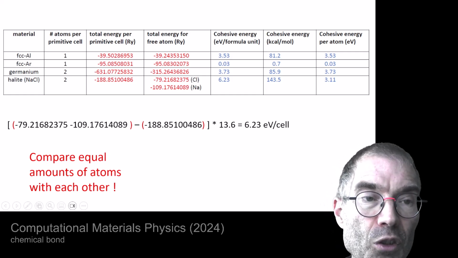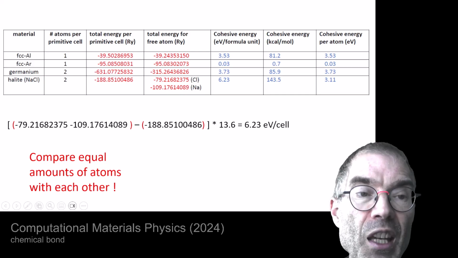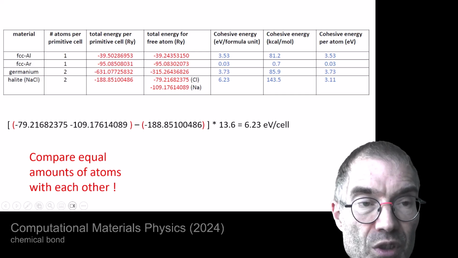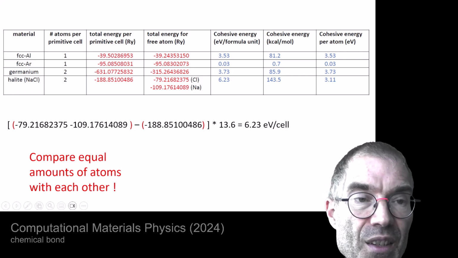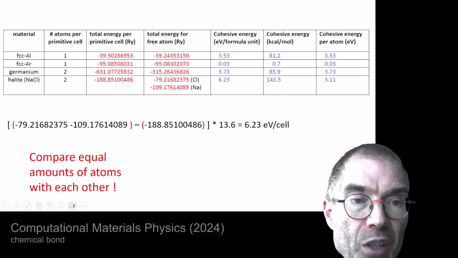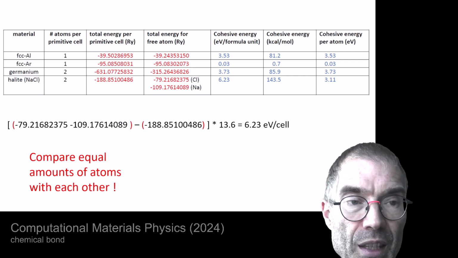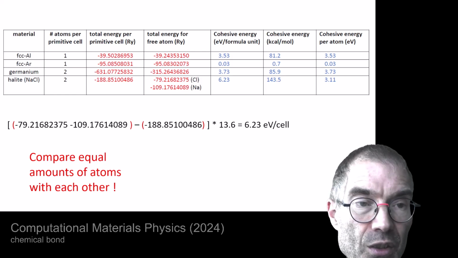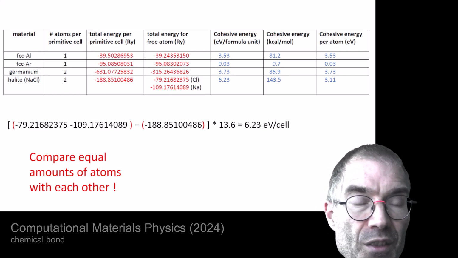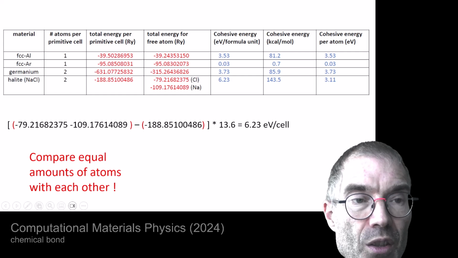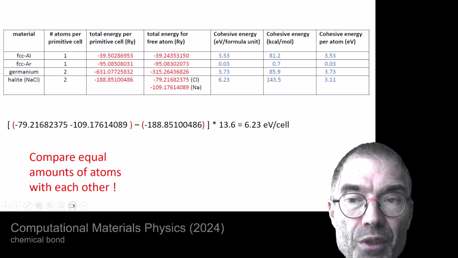Well, if the cohesive energy is very small, around 0, that is a crystal that is van der Waals bonded. That doesn't have ionic, covalent or metallic bonds. No, it's a van der Waals bond.